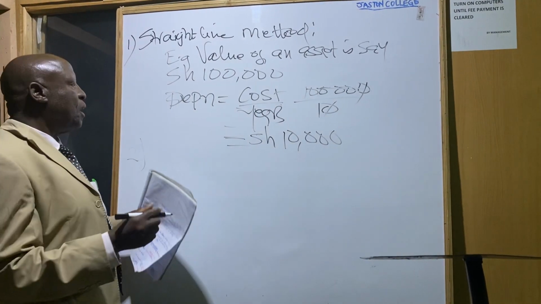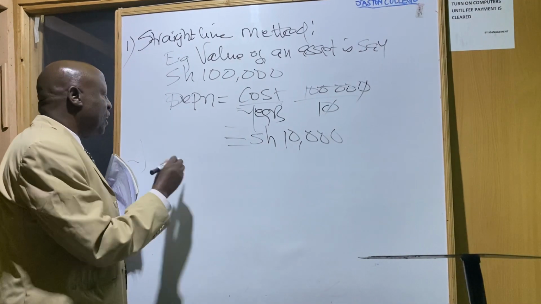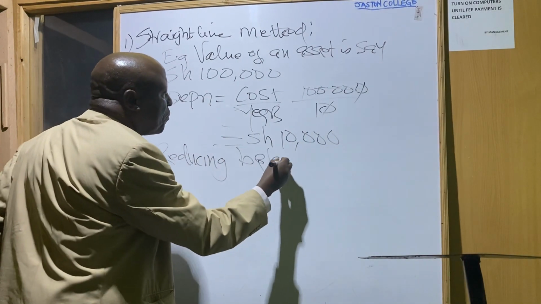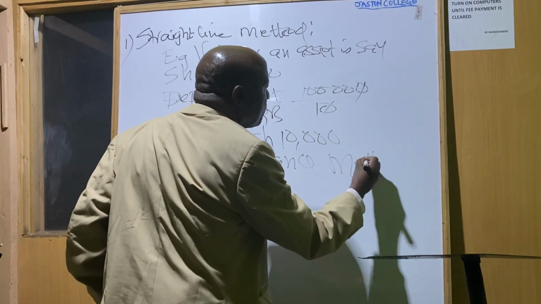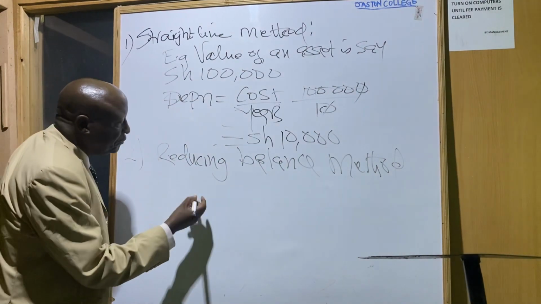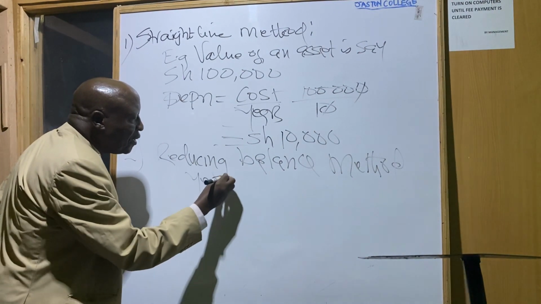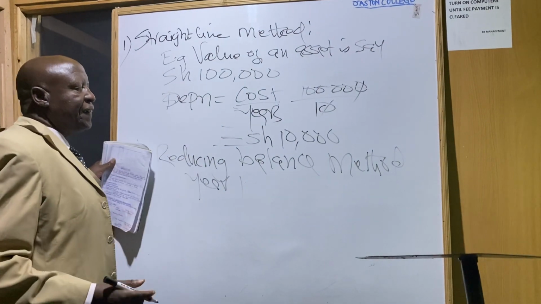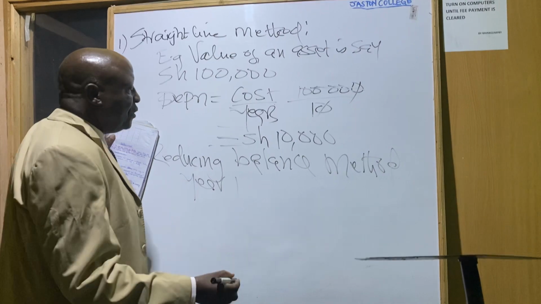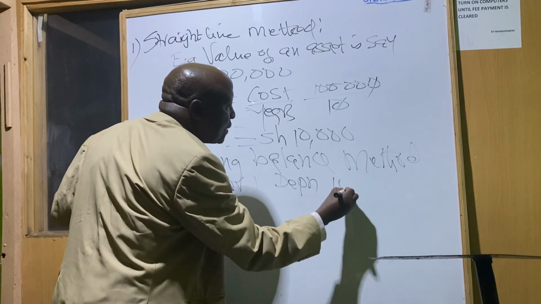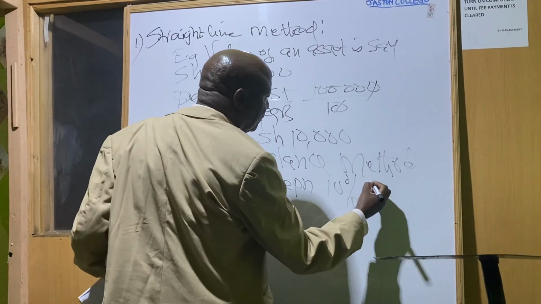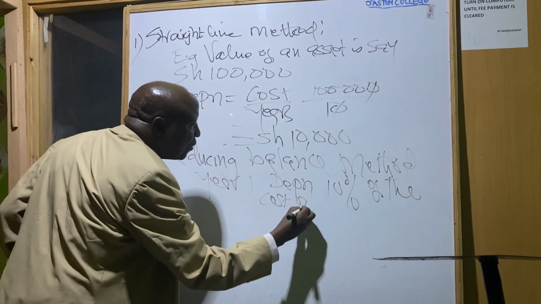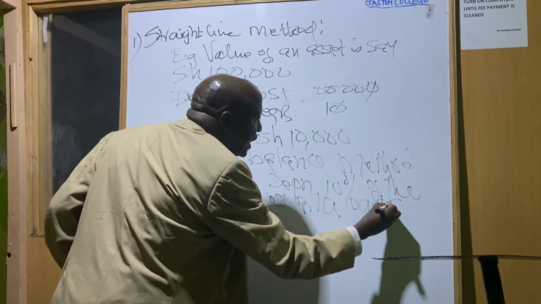And two, the reducing balance method. For example, year 1, if depreciation is 10% of the cost of the asset.